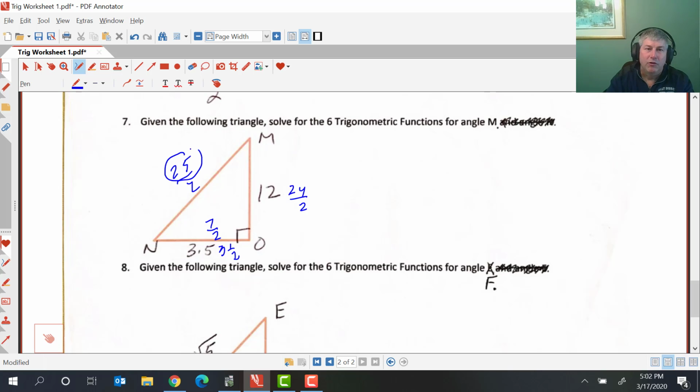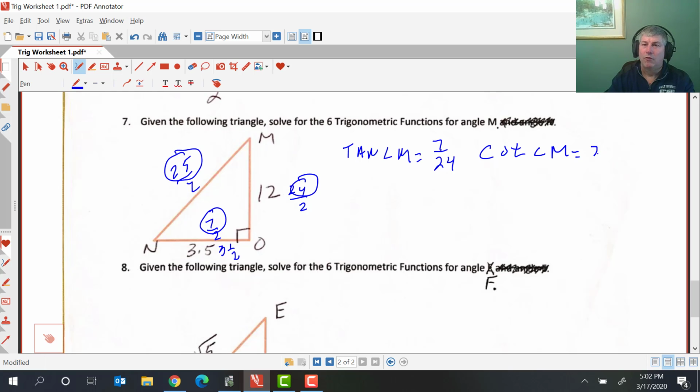So we can use for our trig just 7, 24, and 25. If I'm working from angle M here, and I want the tangent of angle M, I will do opposite over adjacent, which would be 7 over 24. So my cotangent of angle M is 24 over 7, and so forth.